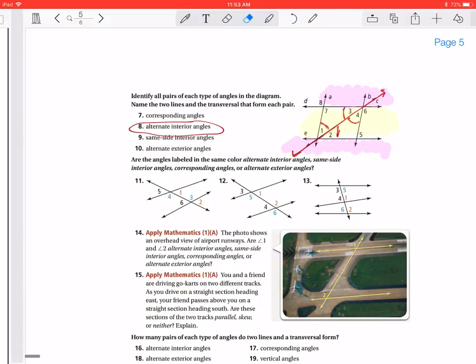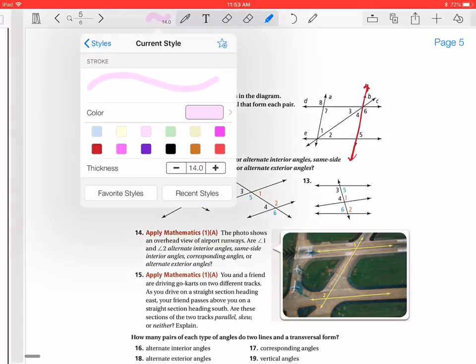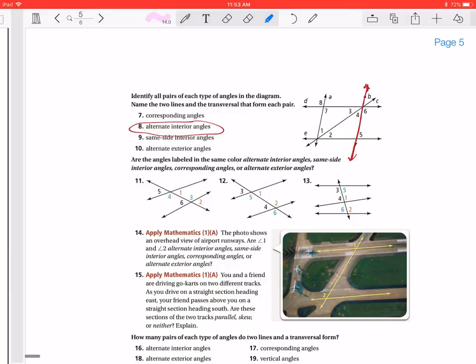Now, there are other alternate interior angles if we look at transversal B, that's that line there, and it's transversing C and E. So now let me highlight those. I'm going to highlight the exterior.